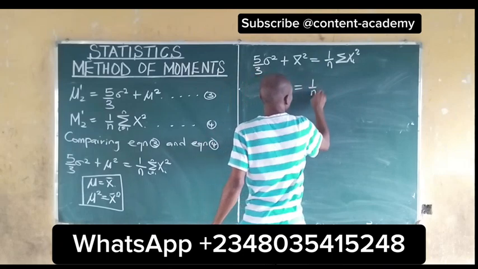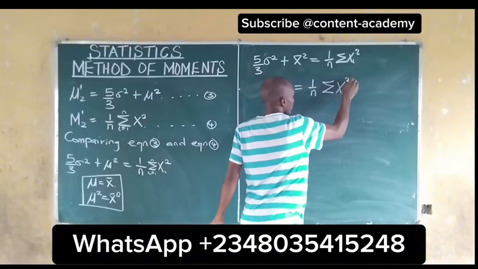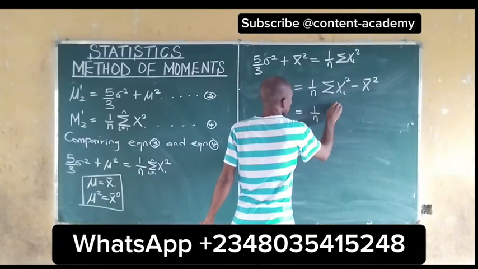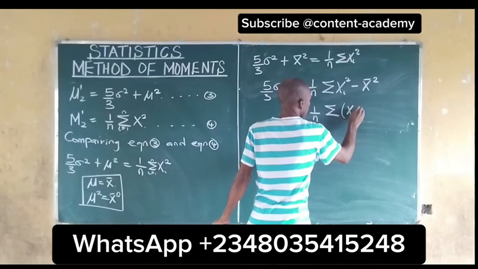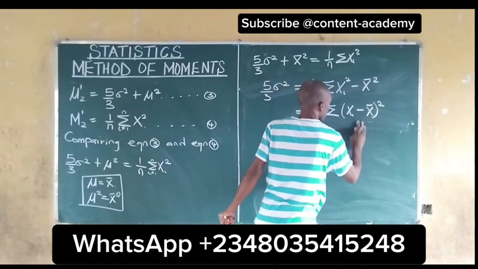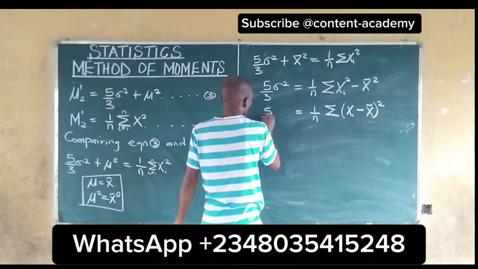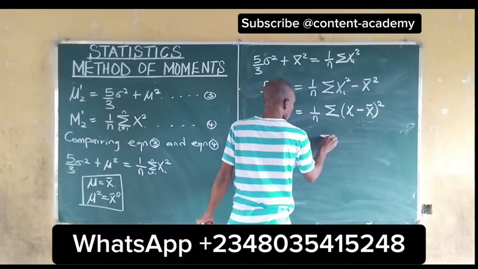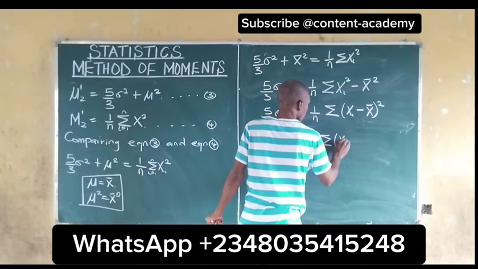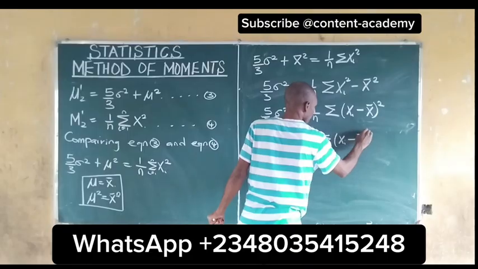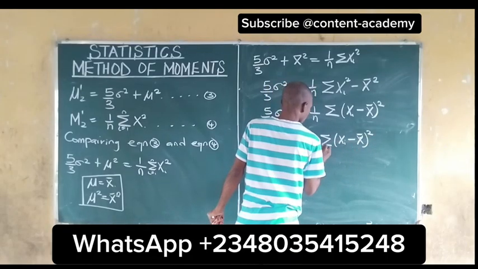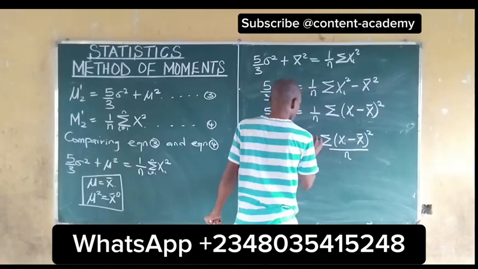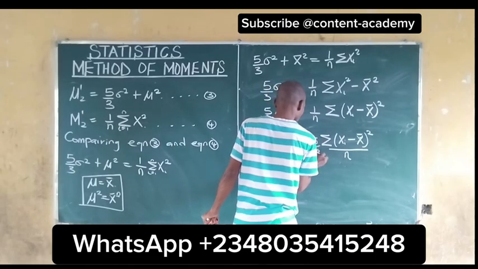So this can go over to the other side to give us 5 all over 3 sigma squared equal to 1 all over n summation of xi squared minus x bar squared, which can be written as 1 all over n summation of xi minus x bar all squared. Where sigma squared can be written as summation of xi minus x bar all squared all over n, that is 5 all over 3.